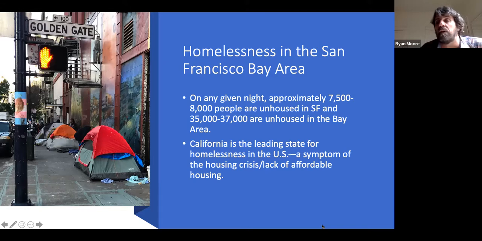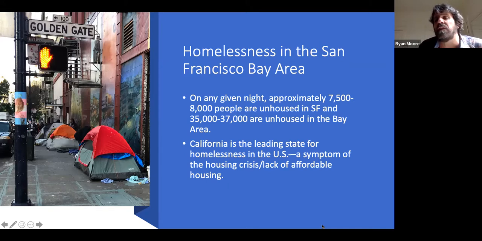And that ranges from people sleeping in tents on the streets to people living in their cars, or in trailers, or in places like that. Across the Bay Area, it's something like 35 to 37,000 people on any given night who are unhoused.